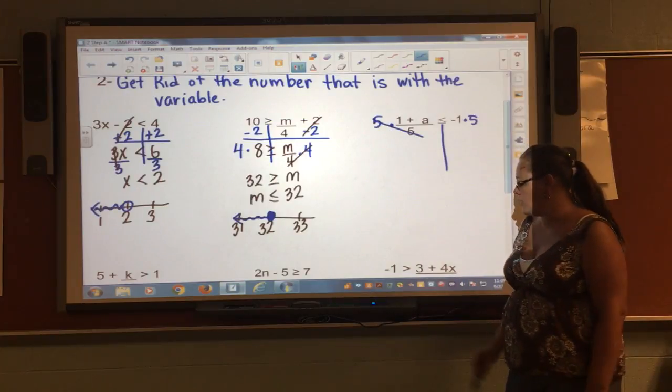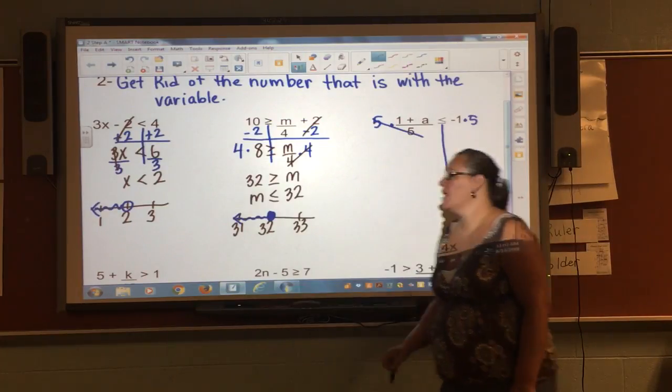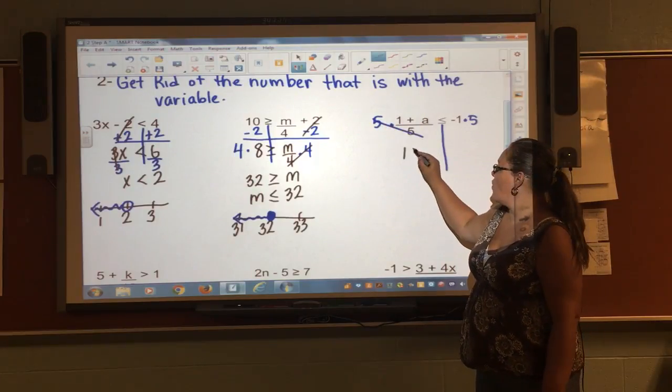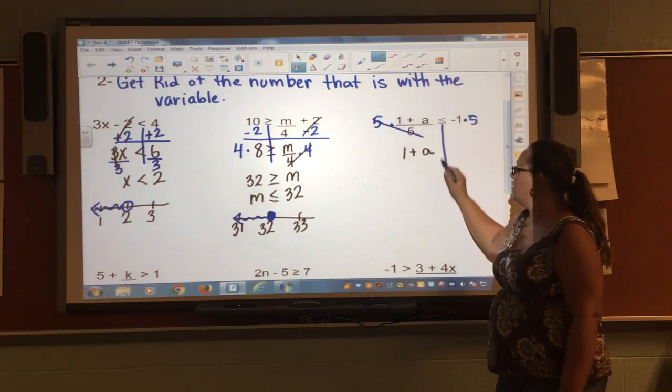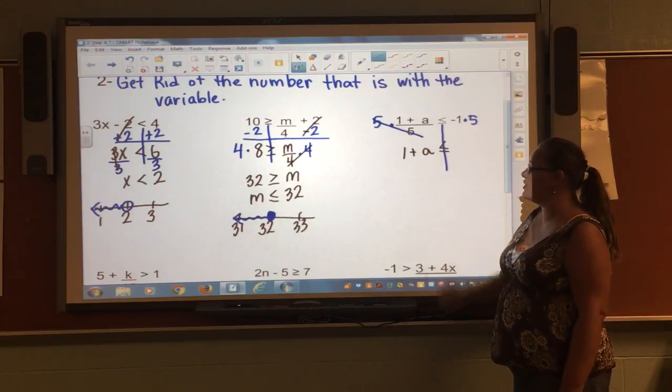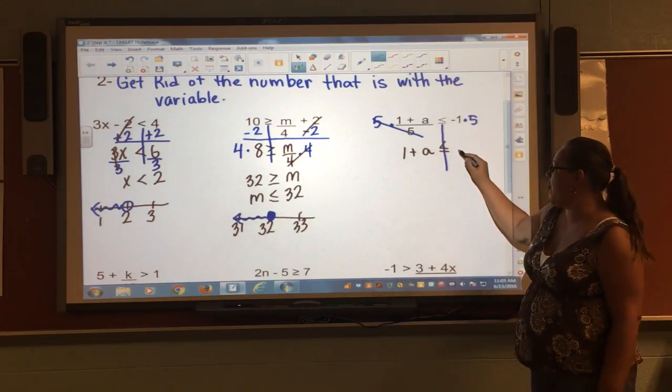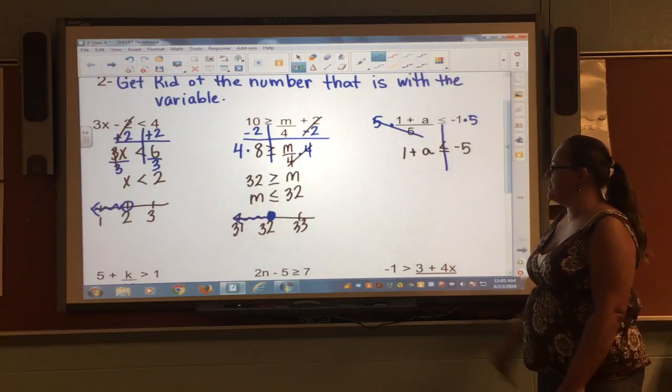So the 5s will go away, and I'm left with the whole top of this fraction. So 1 plus a will come down, the less than or equal to sign will come down, and -1 times +5 will give me -5.